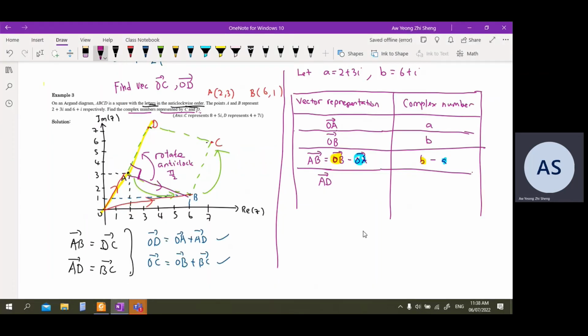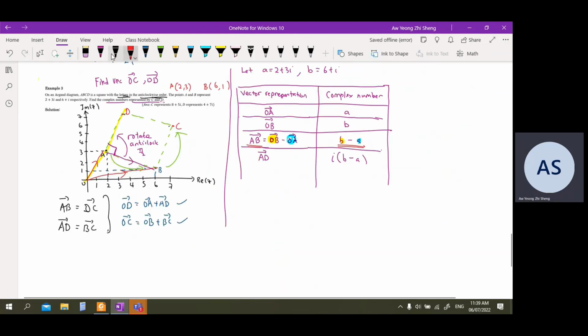And so that means the complex number represented by vector AD is just i times (b minus a). Because earlier we know that b minus a represents the vector AB. And so when you multiply b minus a by i, you would obtain the vector AD.